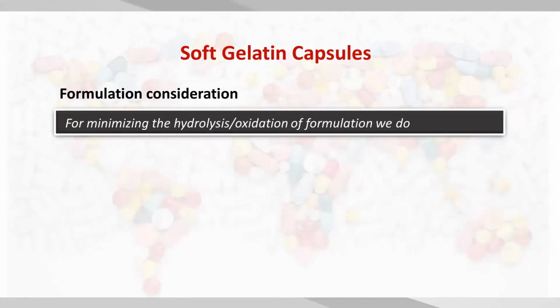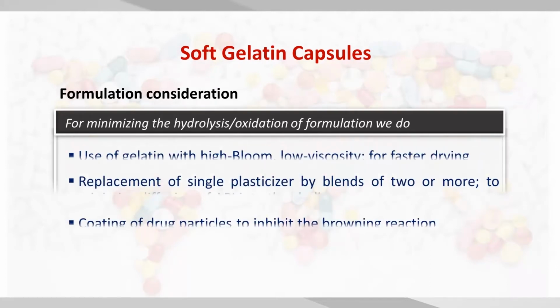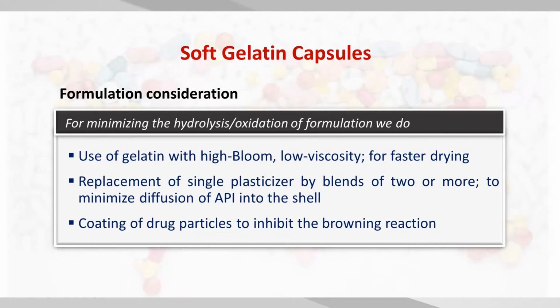A few other formulation considerations are for minimizing the hydrolysis and the oxidation of the formulation, like chemical interactions. If we want to minimize the chemical interactions, we can use gelatin of high bloom strength and low viscosity. What does it do? It gives faster drying.